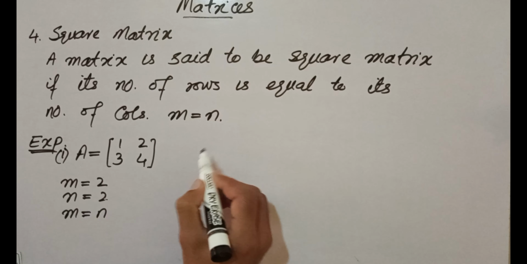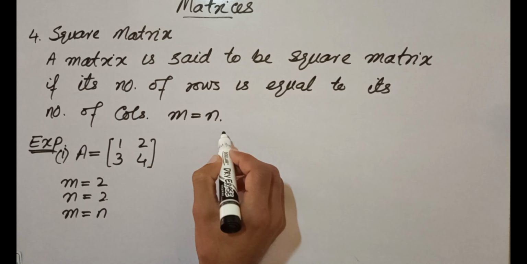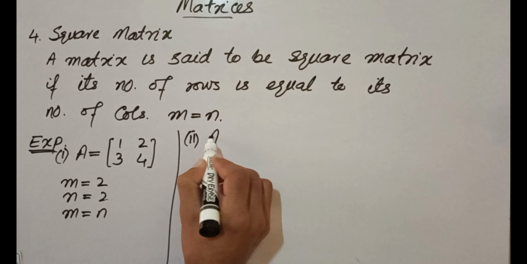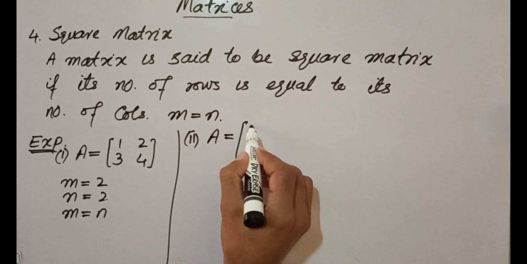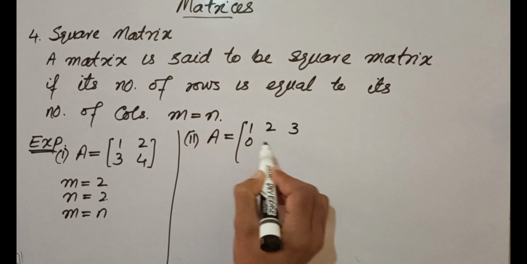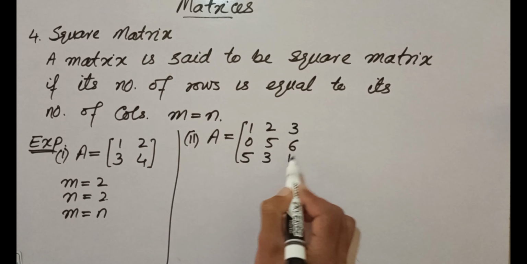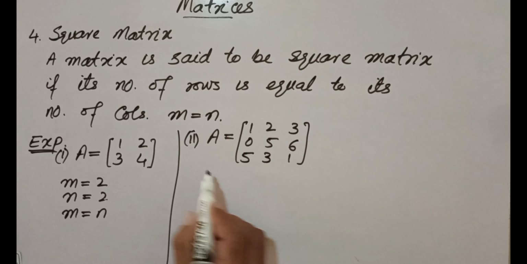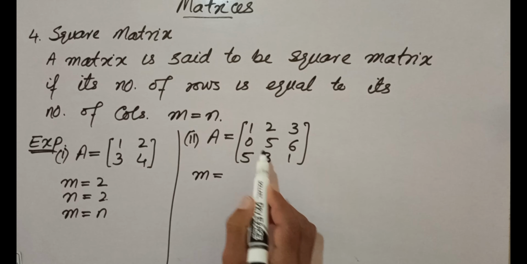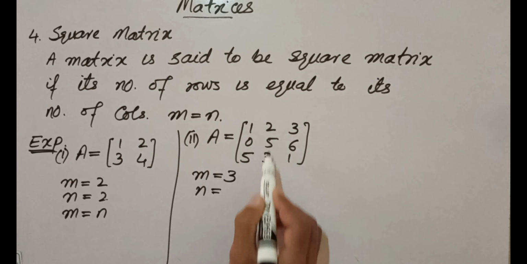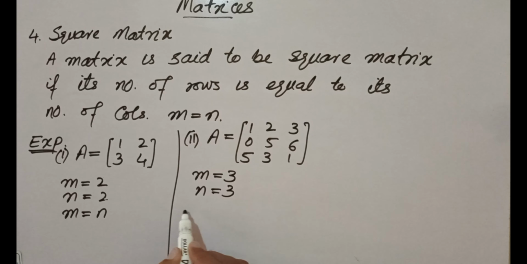The second example, if we consider another matrix like 1, 2, 3, 0, 5, 6, 5, 3, 1, then m, the number of rows, we have 3 rows, and n, the number of columns, we have 3 columns. In this case, m is equal to n. So this is also a square matrix.